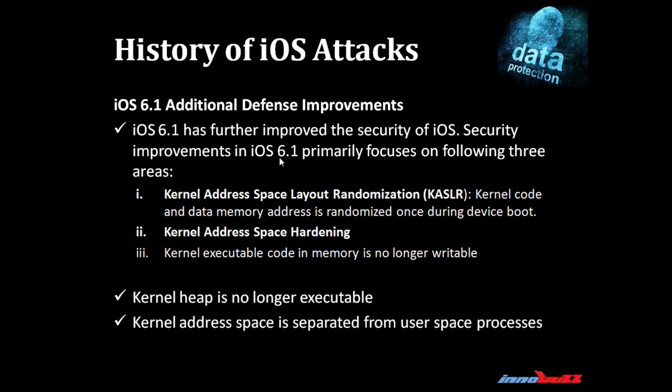Another aspect is kernel address space hardening, and kernel executable code in memory is no longer writable. One more point where iOS improved its security was that the kernel heap was no longer executable, and the kernel address space is separated from the user space processes.